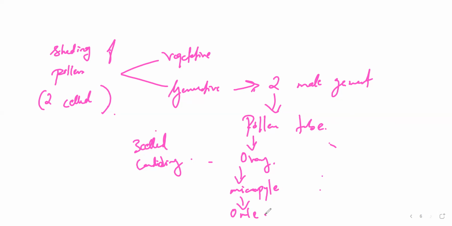That is nothing but the filiform apparatus. So the filiform apparatus is going to guide that particular pollen tube where it has to go and from where the male gametes are going to enter inside. Okay, so this is how a pollen-pistil interaction takes place on the basis of the incompatibility test.